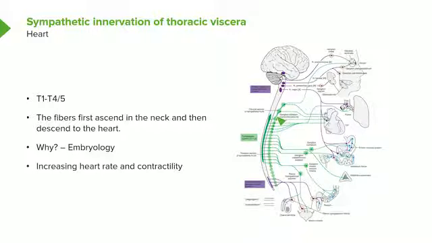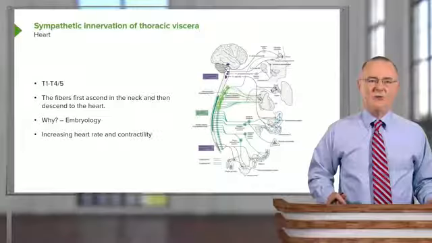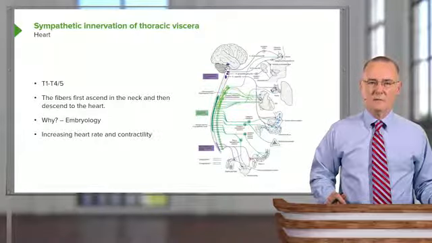And then you have your postganglionic fibers being distributed to the heart. You also have some from the more inferior thoracic spinal cord segments that are going out directly to the heart in this direction.